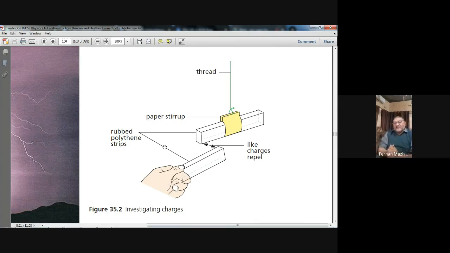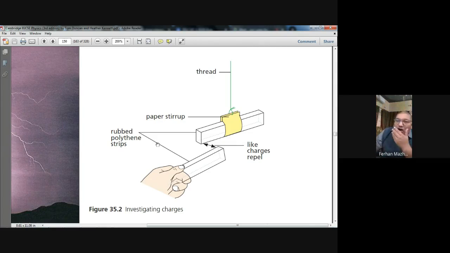Now do the opposite. I'm talking about another activity. Take a polythene rod, rub it with the cloth and hang it with a thread from a stand.